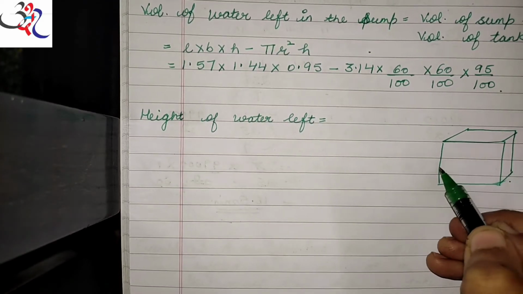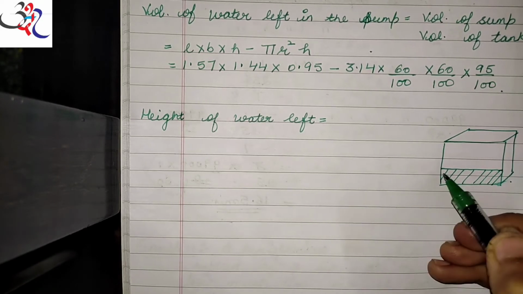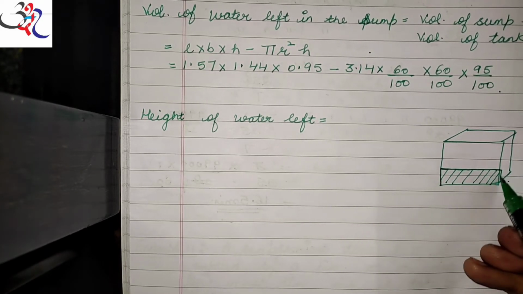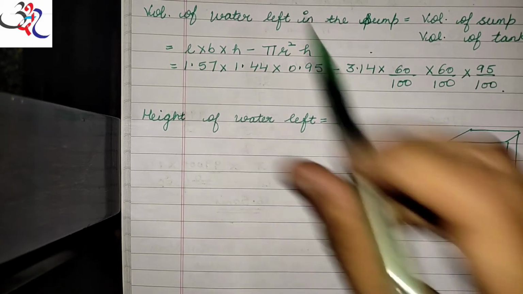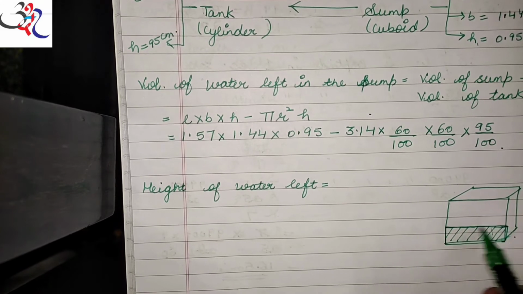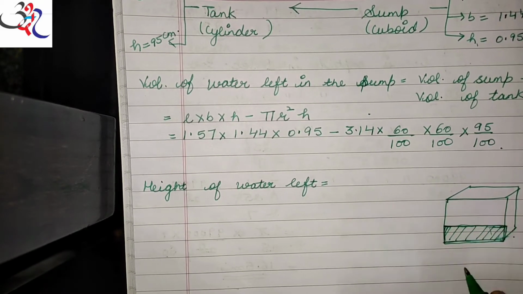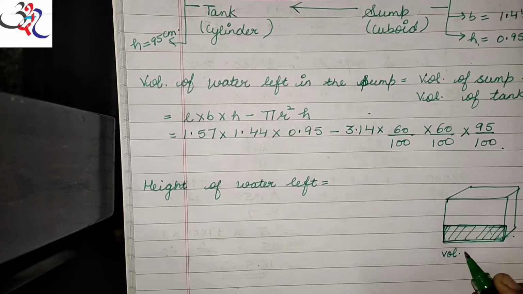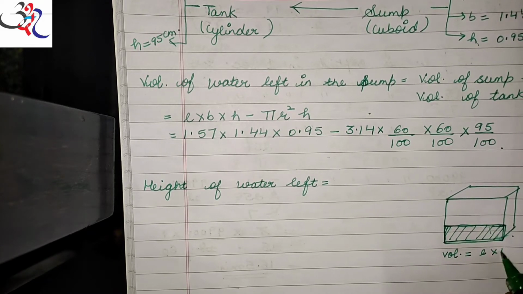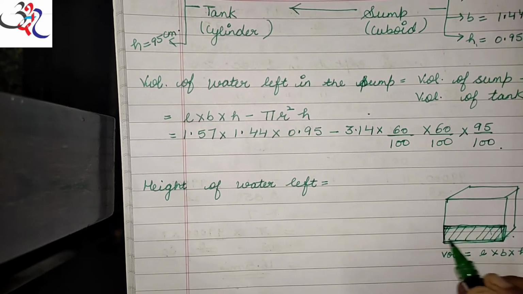So now we have to find out the height of the water left in the sump once it has pumped the water into the tank. How can I find the height? I have told you earlier also that it will be derived by the formula of volume. Volume of the cuboid is L into B into H, because water is in the cuboid.